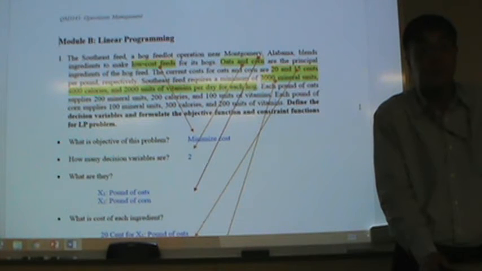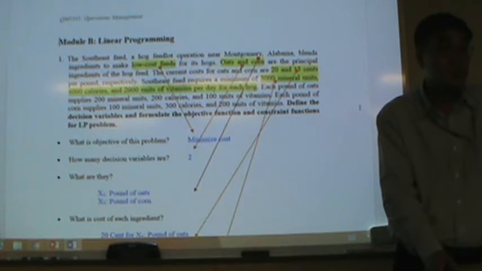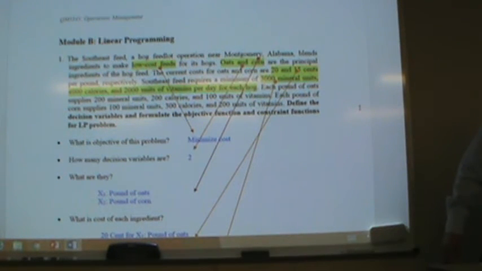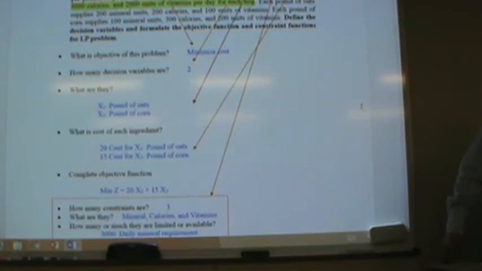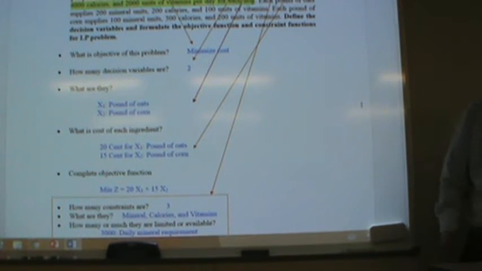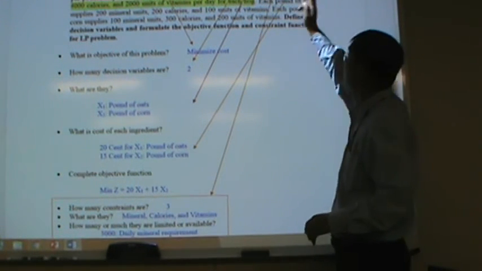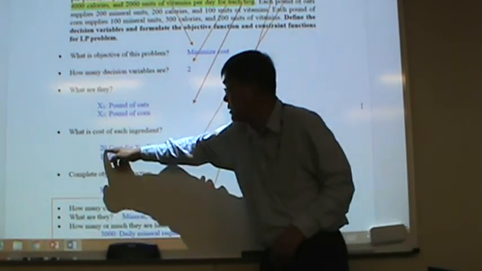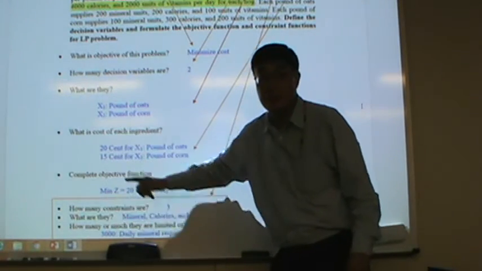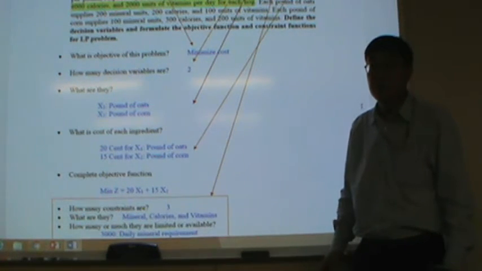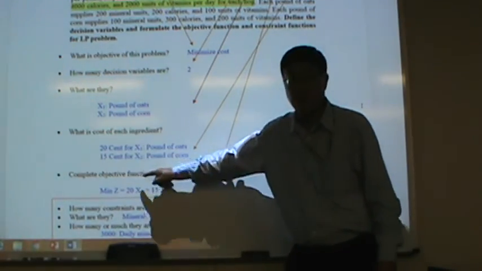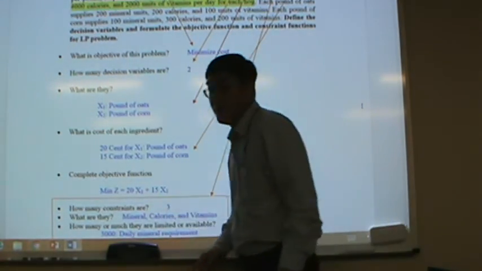Okay, so far, make sense? Then, what is the cost of each ingredient? It says 20 cents and 15 cents. X1, 20 cents. X2, 15 cents. Now we can make the objective function like this.